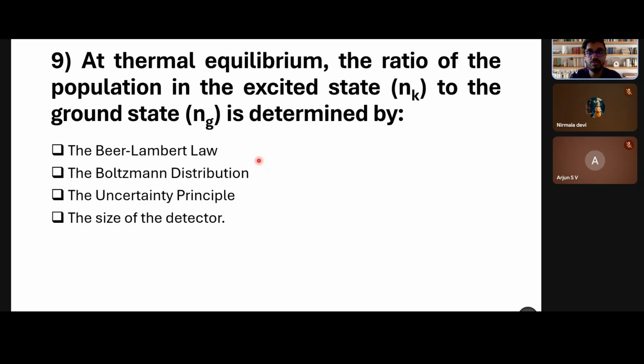So what is this ratio determined by? The options are Beer-Lambert law, Boltzmann distribution, uncertainty principle, and the size of the detector. The answer is option B, the Boltzmann distribution.